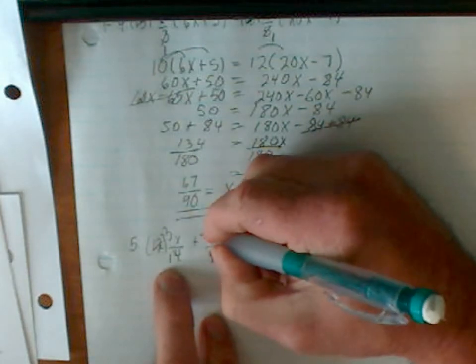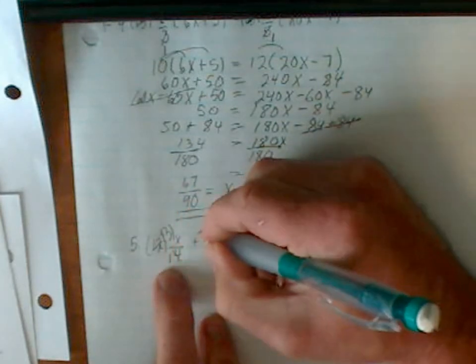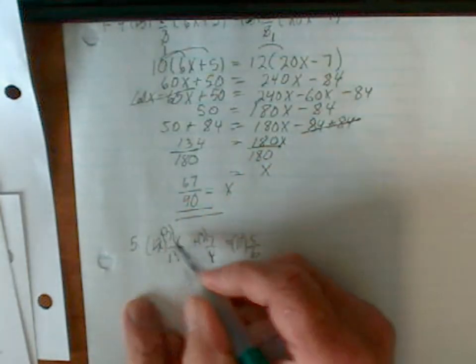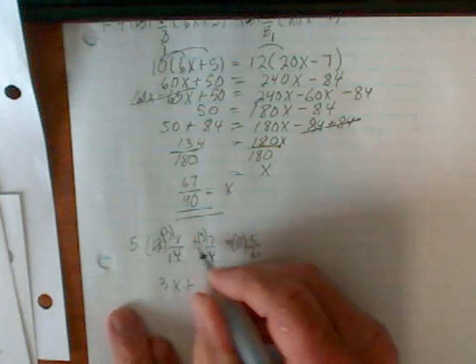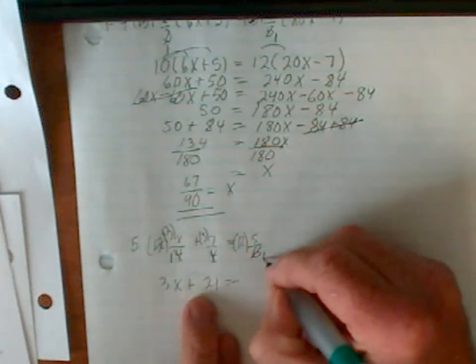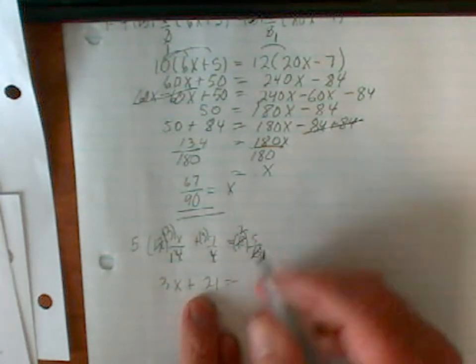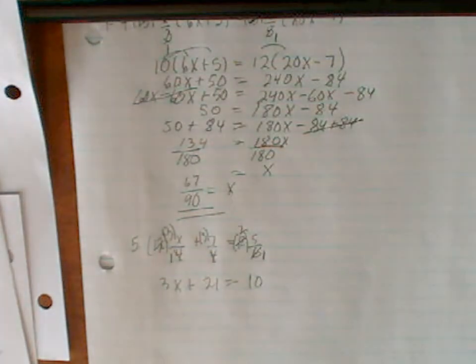1 and a 3. So 3 times x is 3x, plus 3 times 7 is 21. That'll be a 1 and a 2. 2 times 5 is 10. So we should be solving here.